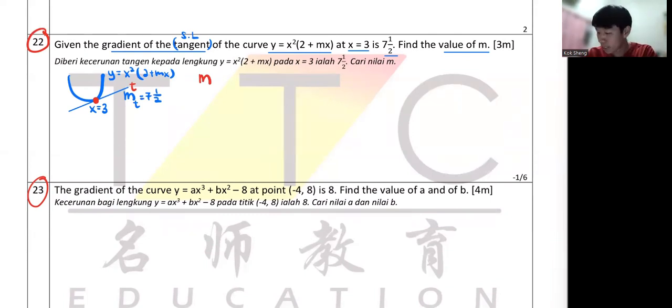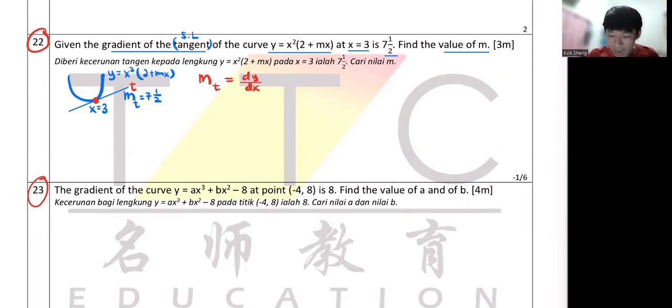The gradient is M, and the T stands for tangent. So the gradient of the tangent, this one you need to remember. The exam does not give it to you. Confirm, it equals dy over dx. So this is the thing that you remember.